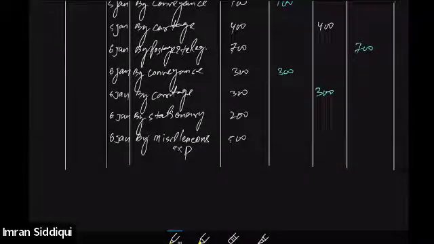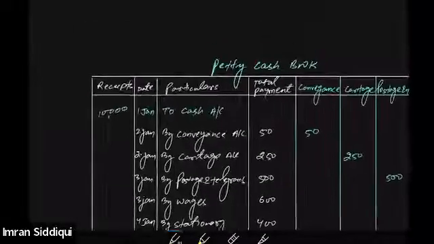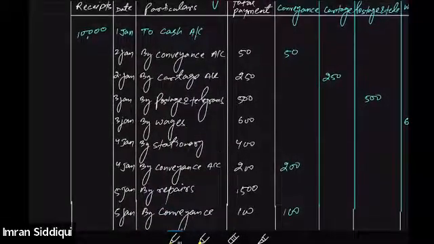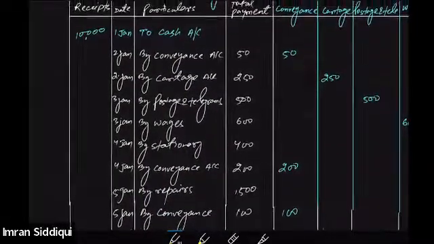Let's just total the first column. Here in the receipt column, we only have we have received on 1st January 10,000.